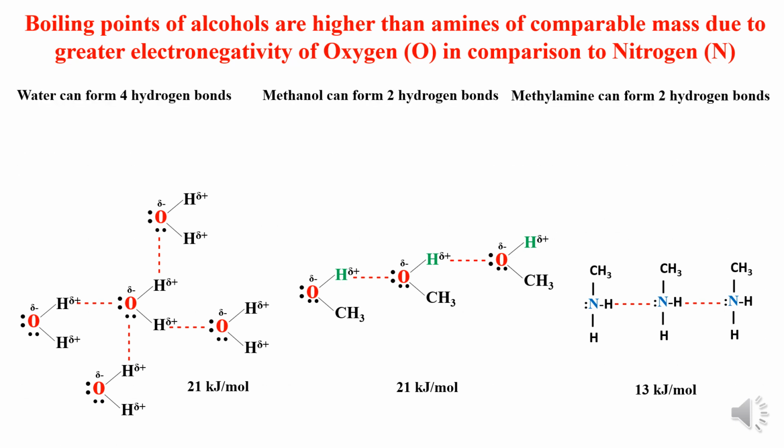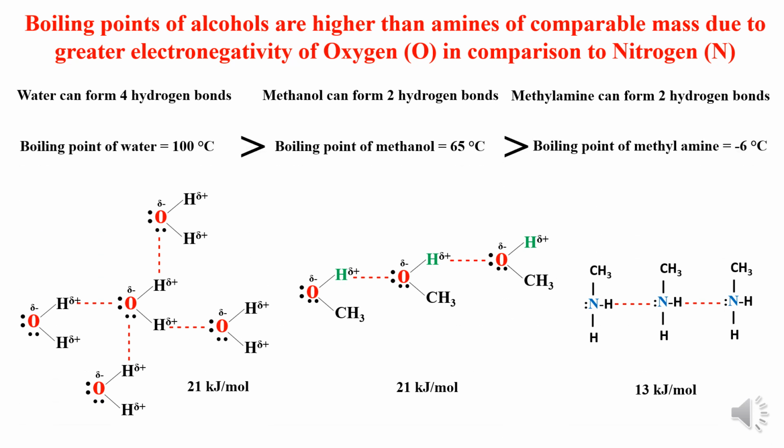So water can form 4 hydrogen bonds, methanol can form 2 hydrogen bonds, and methylamine can also form 2 hydrogen bonds. So because of the extensiveness of hydrogen bonding in case of water molecule, water boils at 100 degree Celsius. Now methanol can form 2 hydrogen bonds. Likewise, even methylamine can also form 2 hydrogen bonds. But why the difference in the boiling point?